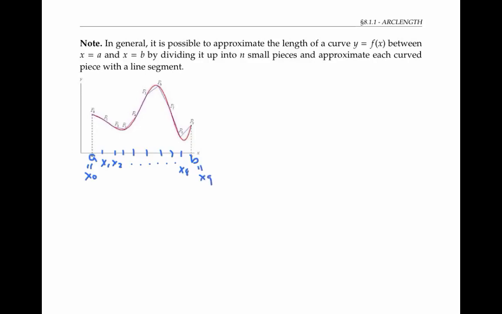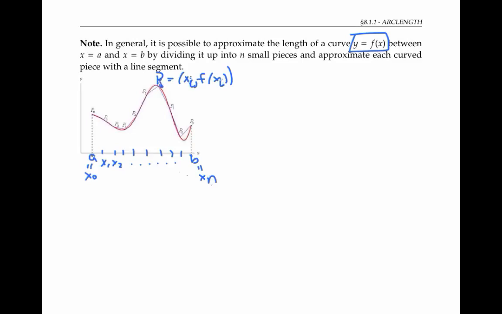And I can label the points on my curve. So here's the 6th point, P6, has x-coordinate x6, and then y-coordinate will be f of x6, since my curve is given by the equation y equals f of x. More generally, I have n subintervals, and I'll label an arbitrary point p sub i.